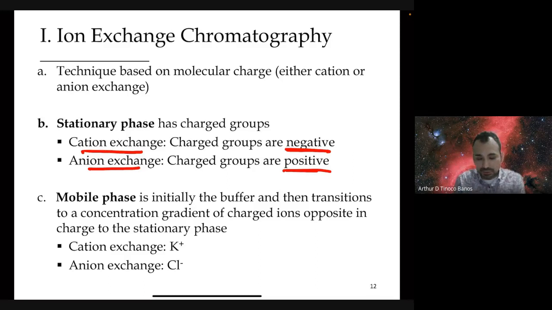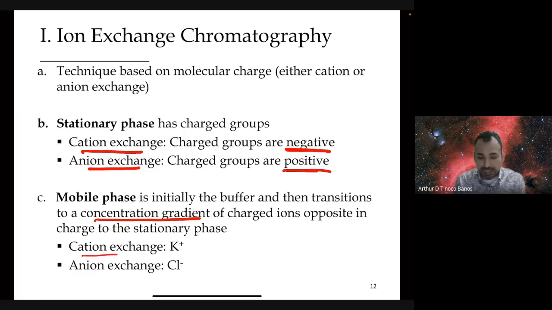Then what you have to do is you invoke a change in the components of the buffer. You apply what is known as a concentration gradient. And that concentration gradient is essentially of the charged ions that are opposite in charge to the stationary phase. And why is that? Because you want this component to compete with your molecule of interest that is bound to the stationary phase.